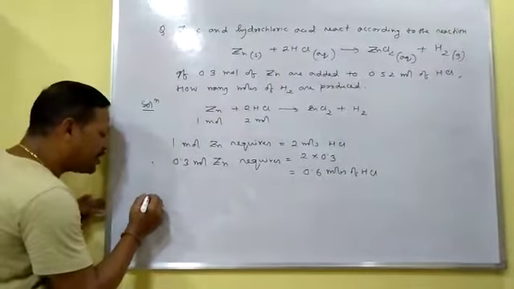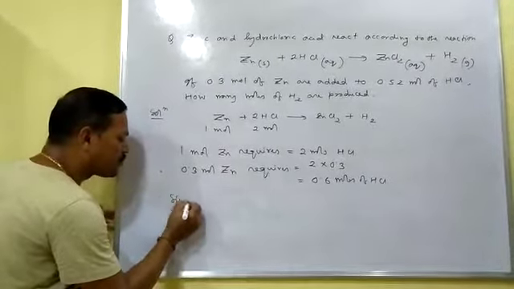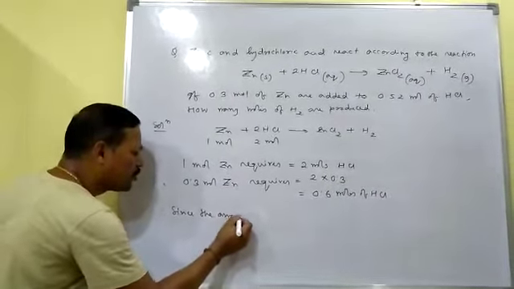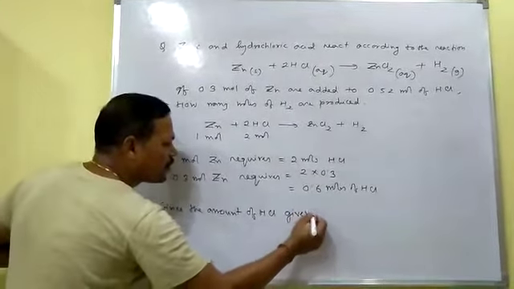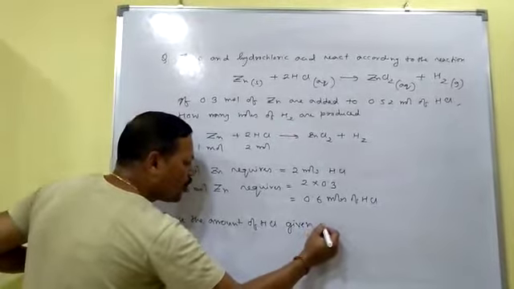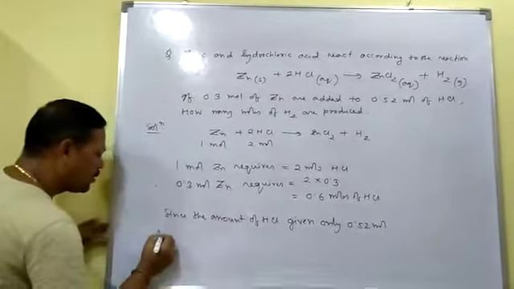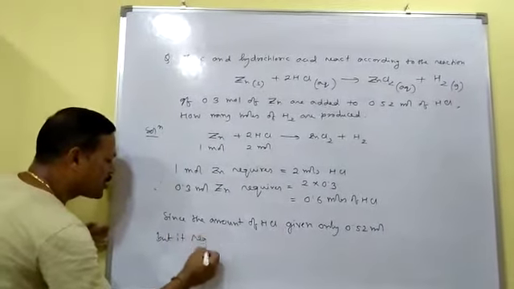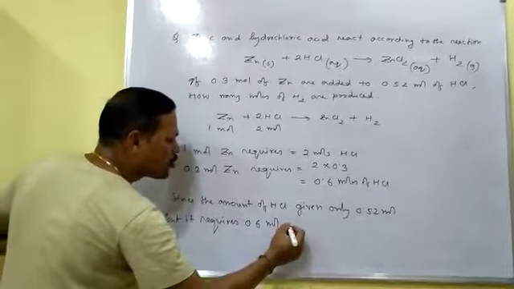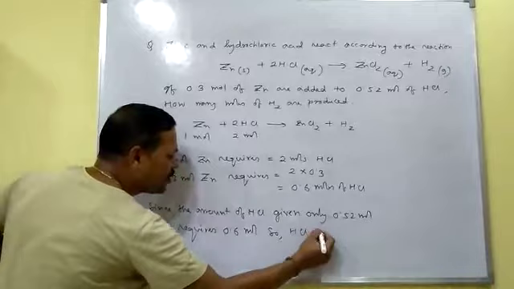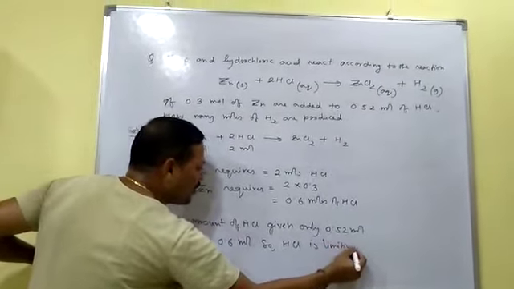So you can write like this: since the amount of HCl given is only 0.52 mole, but it requires 0.6 mole, so HCl is the limiting reactant.